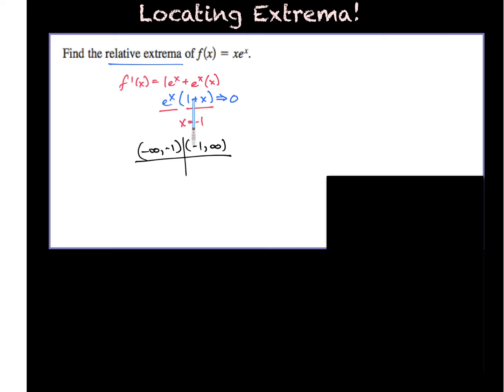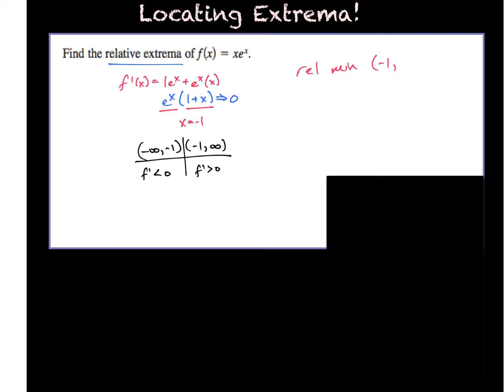No. However, if I substitute a negative 2 right here, that part's going to be negative. So f prime is less than 0. And then I substitute something on the interval negative 1 to infinity, like 0 sounds good. So f prime would be what? Positive. What did I just create? I have a relative what? Minimum.